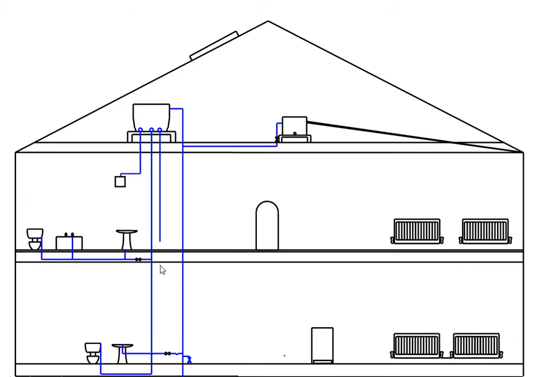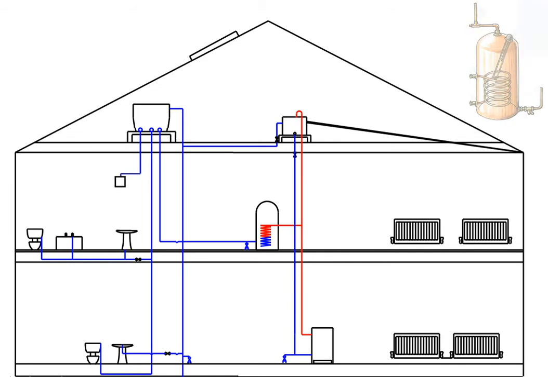We have to bring a supply of water over here to our cylinder, and there we have a drain off valve on it also. The water comes down there from our expansion tank down to our boiler, and that goes up to our tank again, and there we have our primary circuit.